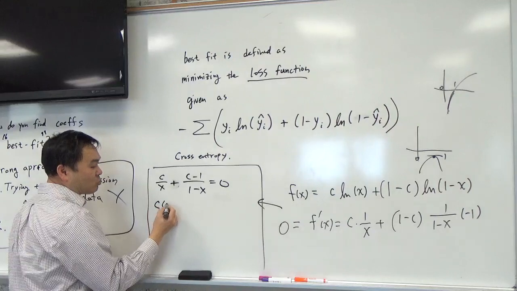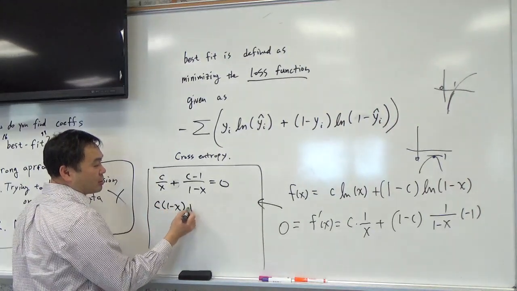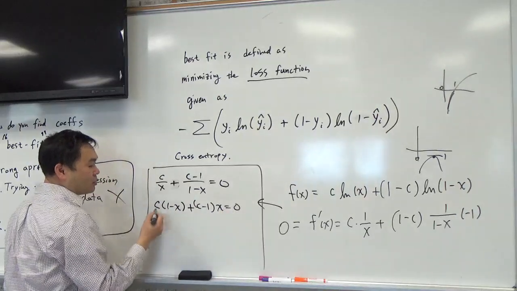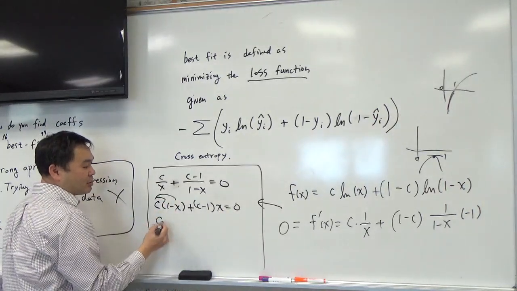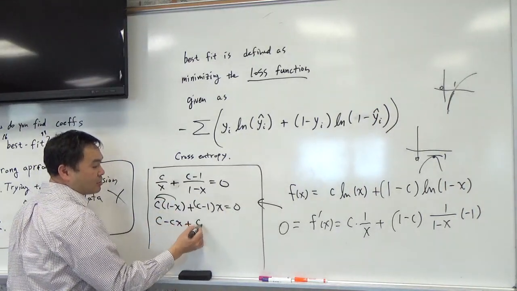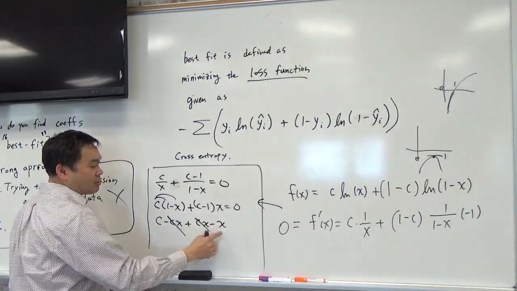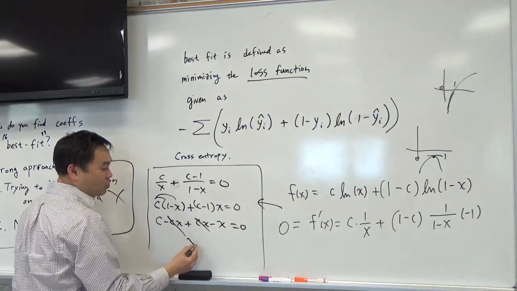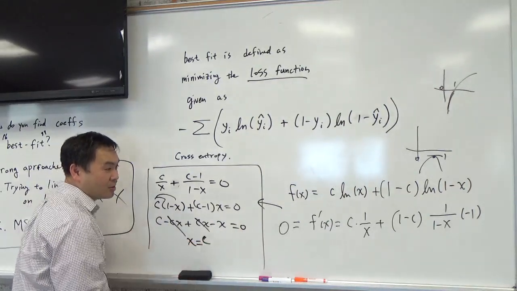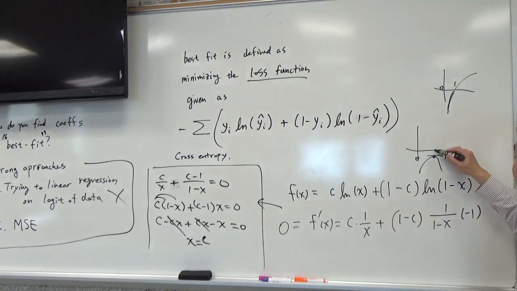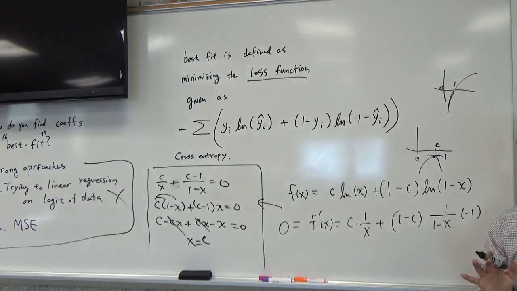You get c times 1 minus x plus c minus 1 times x equals 0. Multiply this out, you get c minus cx, cx minus x. These cancel, and what do you get? c minus x equals 0, so x equals c. In other words, this function is maximized when the x value is equal to c.